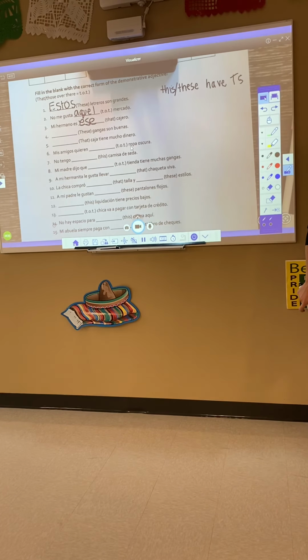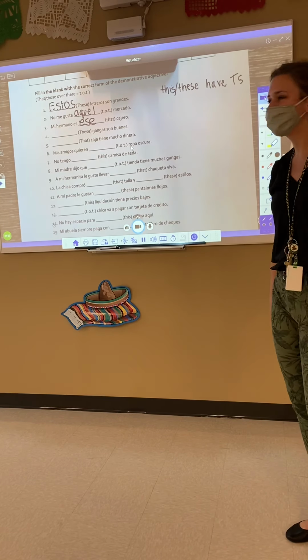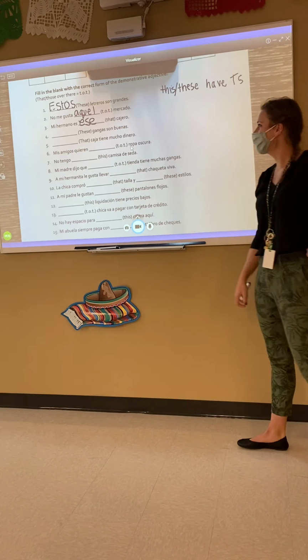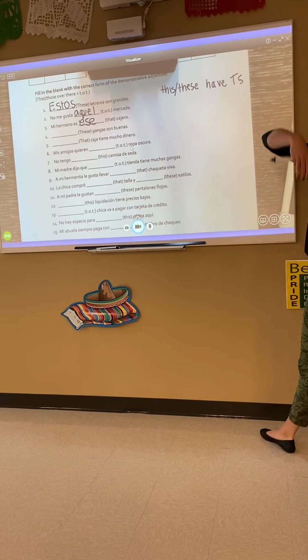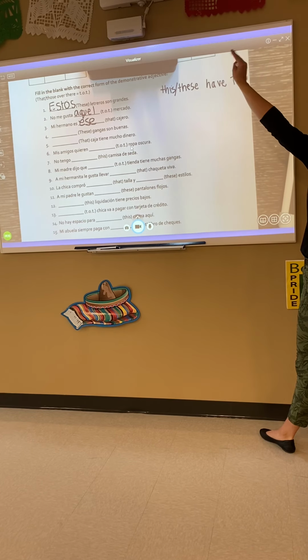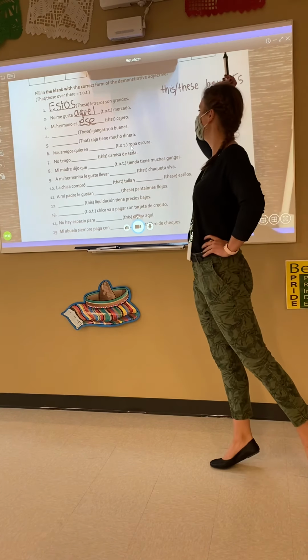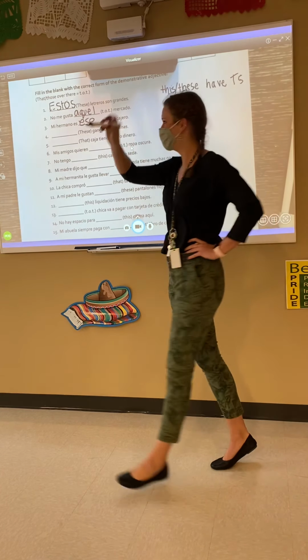Blank gangas son buenas. And gangas are not gangs, they're bargains, just so you know. So these bargains are good. Gangas, feminine or masculine? Feminine. Plural, singular? Plural. So which form of these am I going to use? Estas. Good.